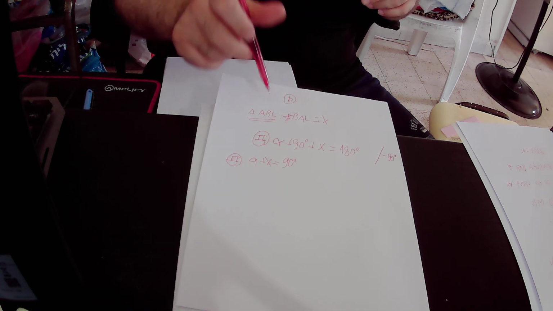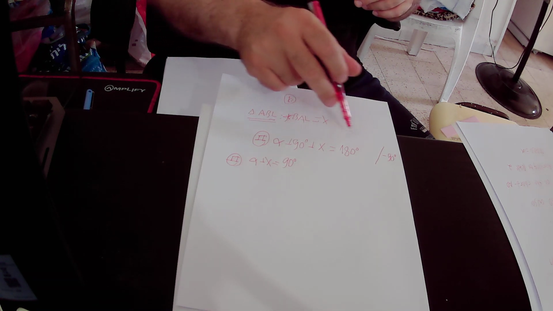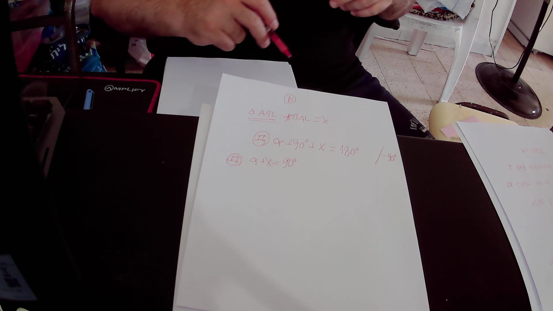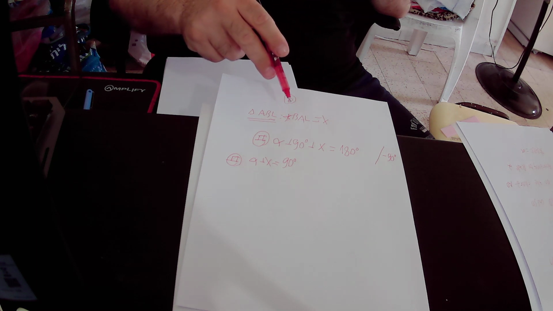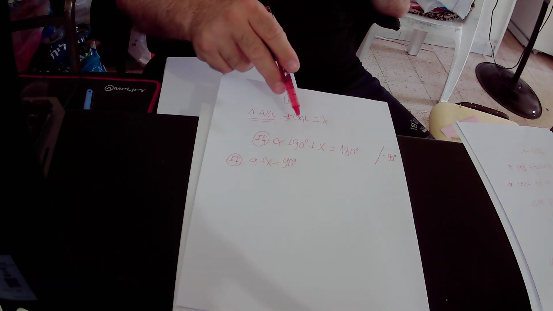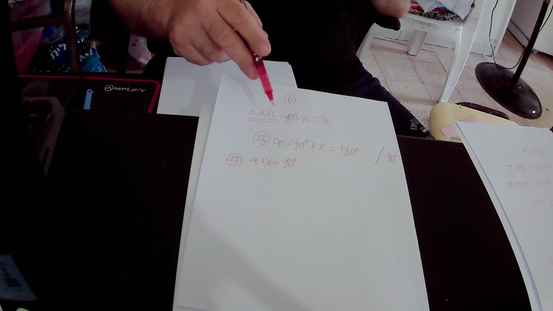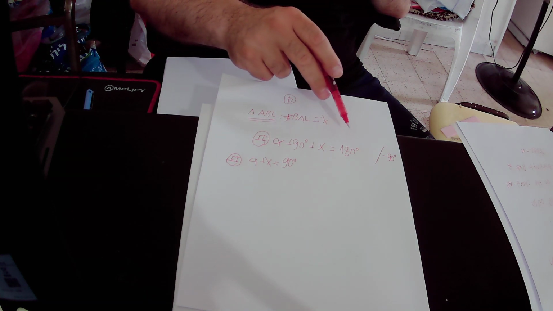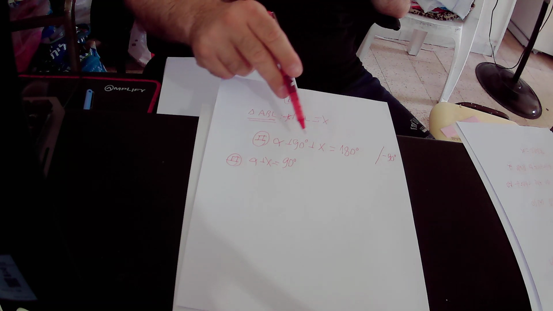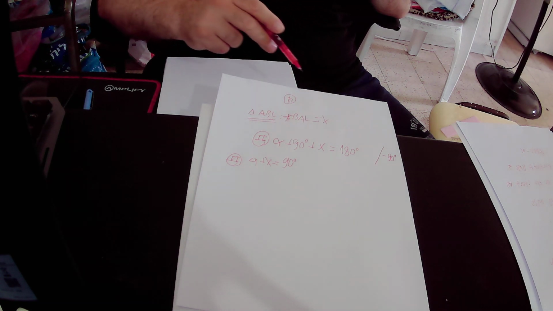We subtracted 90 degrees from this equation, so alpha plus 90 degrees plus x minus 90 degrees equals alpha plus x, and 180 degrees minus 90 degrees equals 90 degrees.